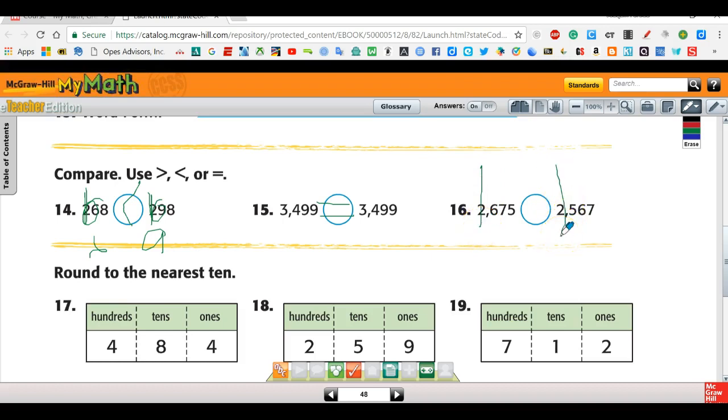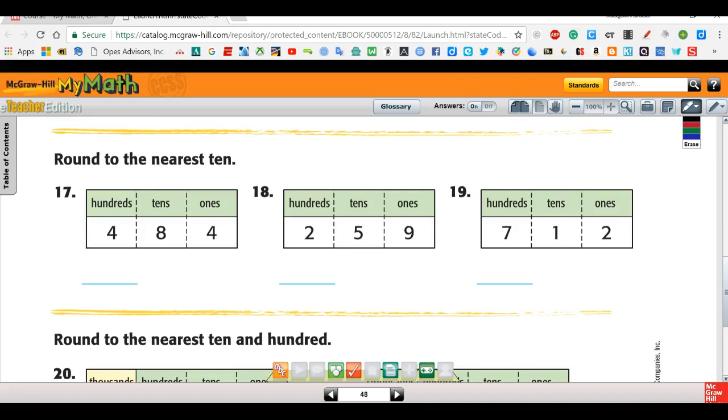Are those the same or different? In the thousands place, the same. They're both 2,000s, right? So now I'm looking at the hundreds place. I have a 6, and then I have a 5. Those are different, huh? So is 6 less than, greater than, or equal to 5? Greater than. So based on that, I know that 2,675 is greater than 2,567.